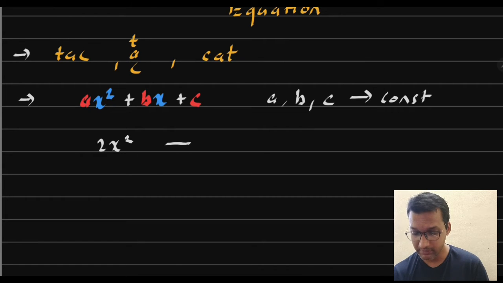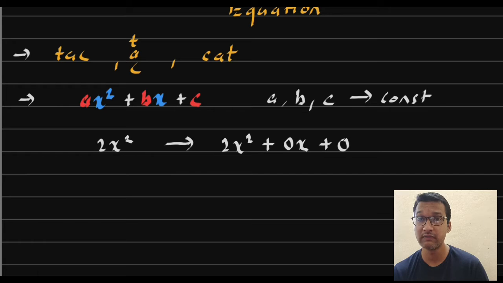Here the x term is not there and c is also not there. So we can write this as 2x square plus 0x plus 0. 0 into x will come 0. Now all the three terms are there.